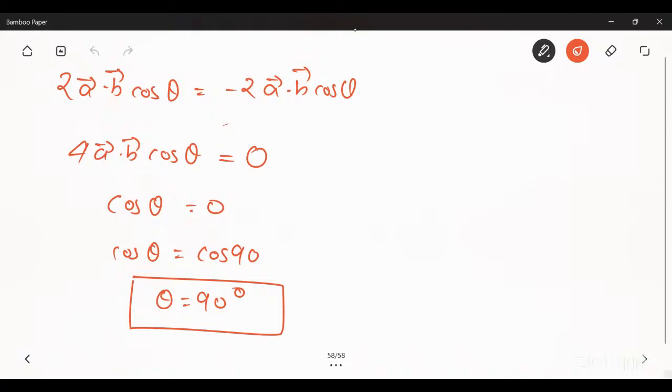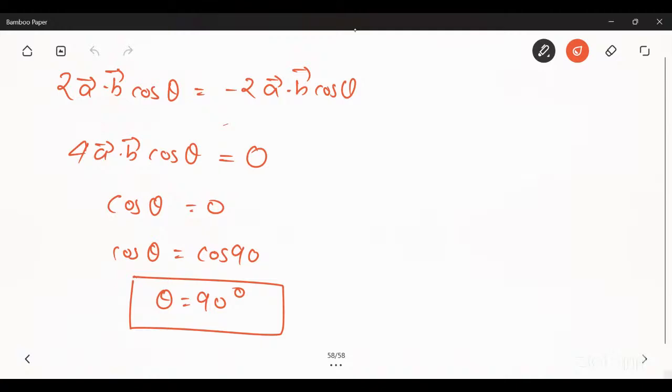So how many chapters do we have left now? First is units and measurement. Next is projectile motion and frictional motion. I will cover both projectile motion and frictional motion in one video. Oscillation is completed.